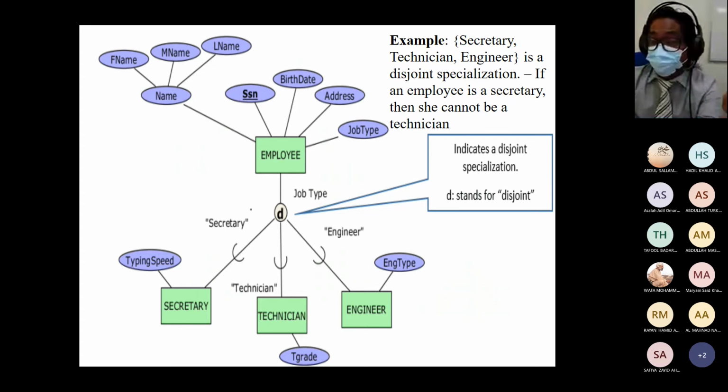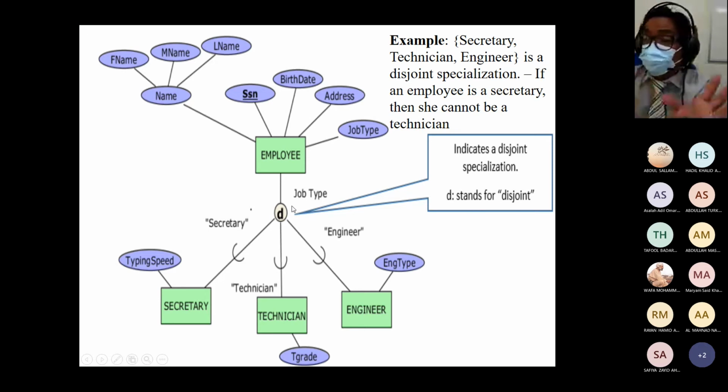You're not an engineer. A typical secretary could not be a technician to fix something, or similarly an engineer. But technician and engineer can be a secretary. It depends on the availability of their own assignments in a particular job scenario, right? Though, from this example, this all indicates disjoint, right?